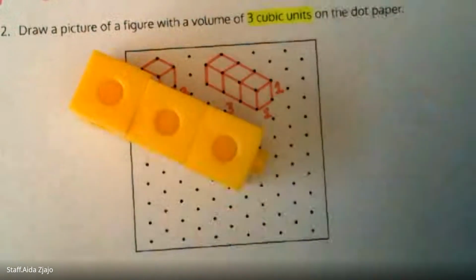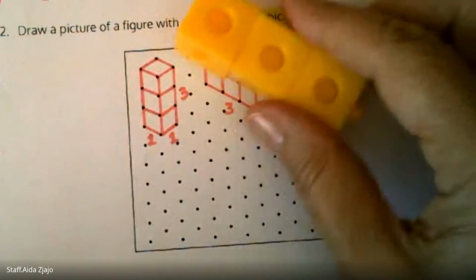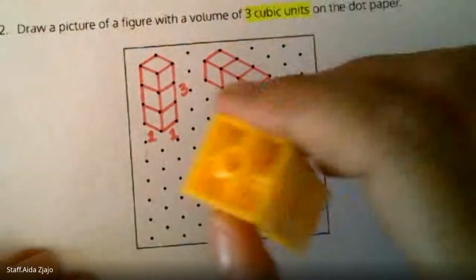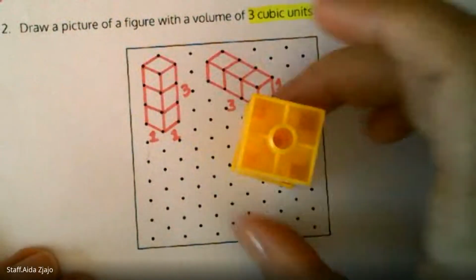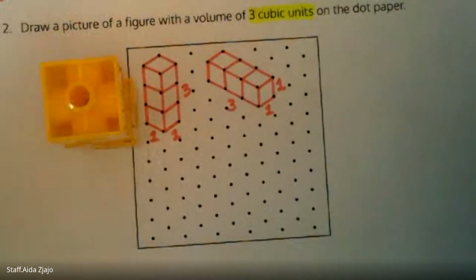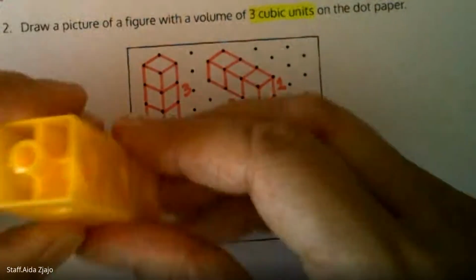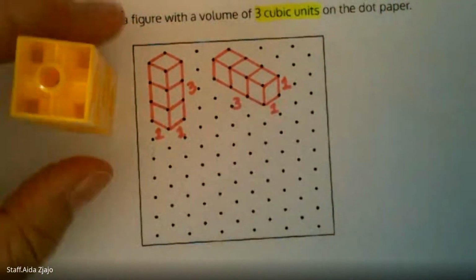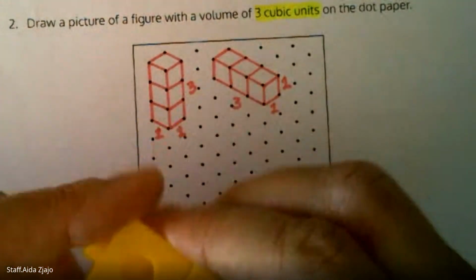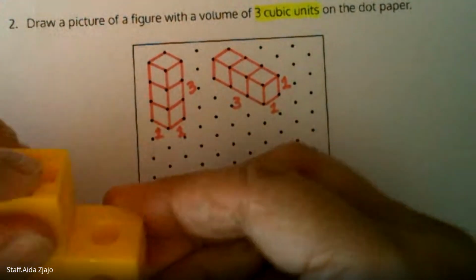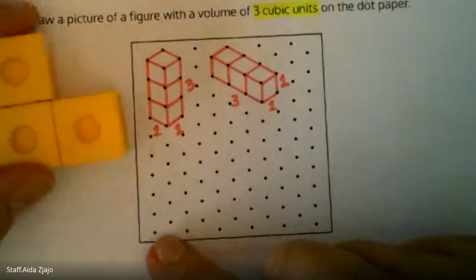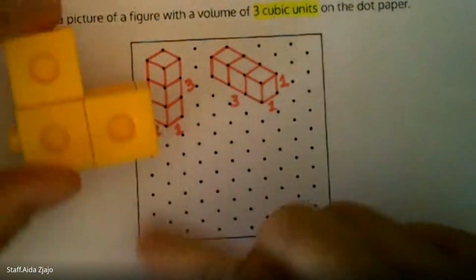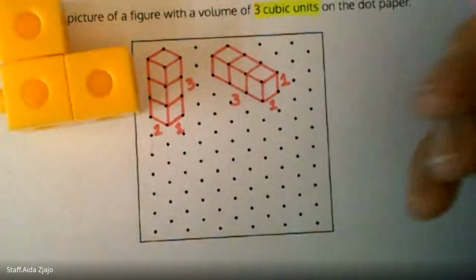If I take this 3, and then I take that 3 and I stand it on the base of 1, it's going to be that way. So if I want to draw something like this, I can do that as well. So I will have not the same layers.